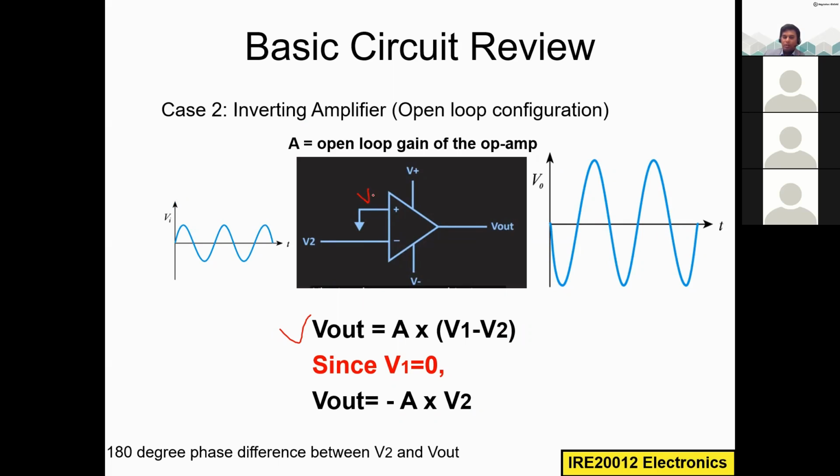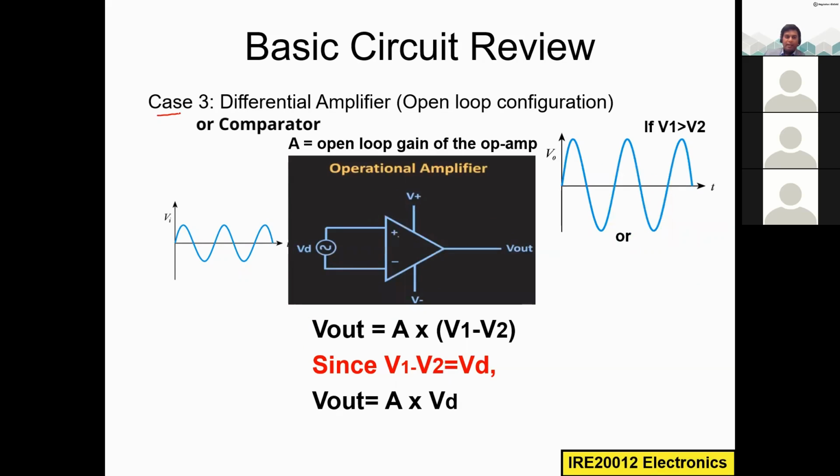Here V1 is equal to 0, so we have A times minus V2. We write it as minus A times V2. The minus is indicating the phase is inverted. We are getting an amplified output, but it got inverted by 180 degrees. There is a 180 degree phase difference.